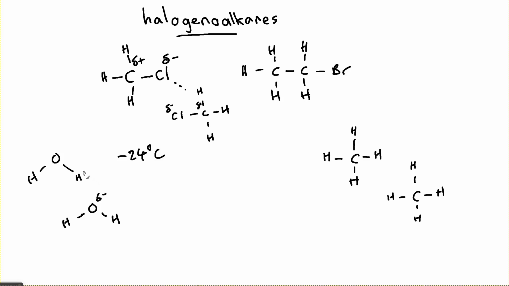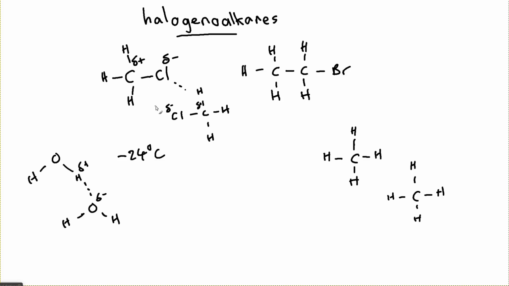So here, this interaction between these water molecules is much stronger, and if a chloromethane molecule here tries to interact with water, it forms a much weaker interaction than water would do with another water molecule, so it can't really interrupt the interaction, so it doesn't mix with water. The water molecules would rather form interactions with other water molecules than they would do with this methane molecule.